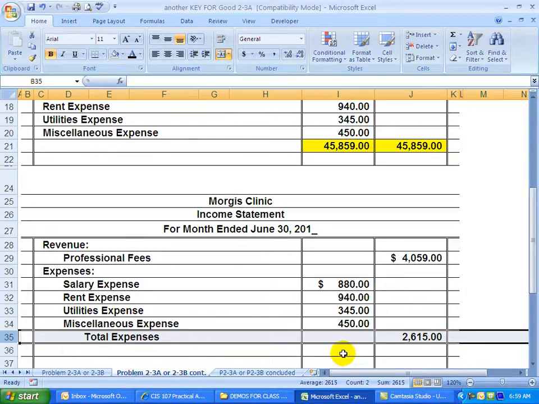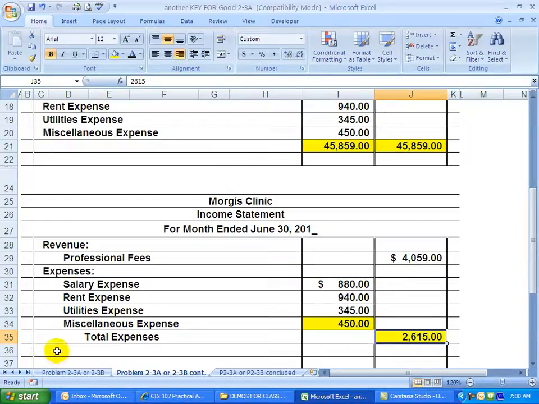Okay, now because we're adding these up, we're going to draw a single line under this yellow area. Over here, we're going to subtract the expenses from the revenue. Anytime you add or subtract, you need a single line to show addition or subtraction. So there should be a single line under 2615.